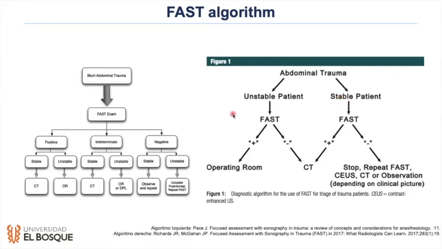So once you have already done the FAST exam, if it is positive, that means that there is free fluid in the abdominal cavity, and if your patient is stable, then you have to do a CT. But on the other hand, if your exam is also positive but your patient is unstable, you have to take them right away to the OR.